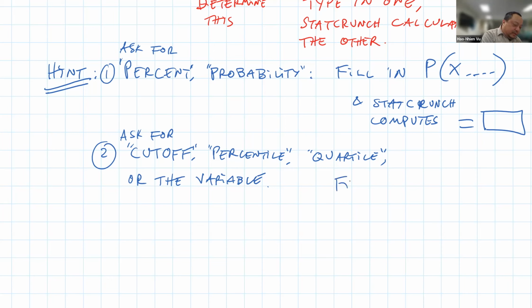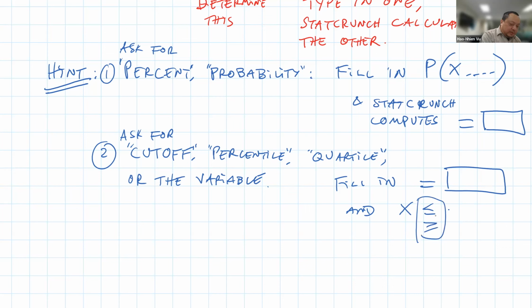Then you fill in this part, and StatCrunch will compute this one and this part. You have to fill in the direction. And StatCrunch will compute the last remaining blank. Okay, between those two blanks, you fill in one, it calculates the other.